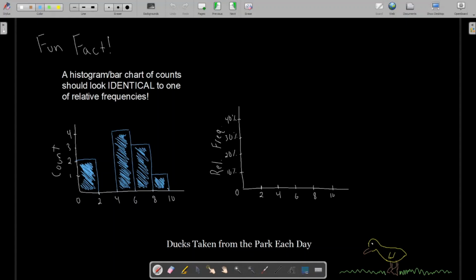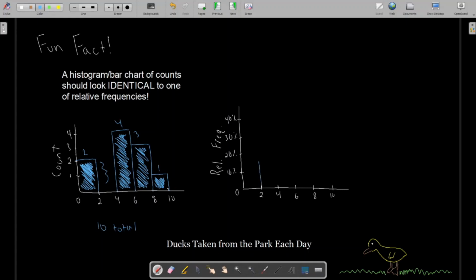And so in this case, if we add up the counts using the graph, we have 2 plus 4 plus 3 plus 1, which is 10. And so if we were to get the relative frequencies, this first bar, for example, that has a count of 2, would have a relative frequency of 20%, 2 out of 10.